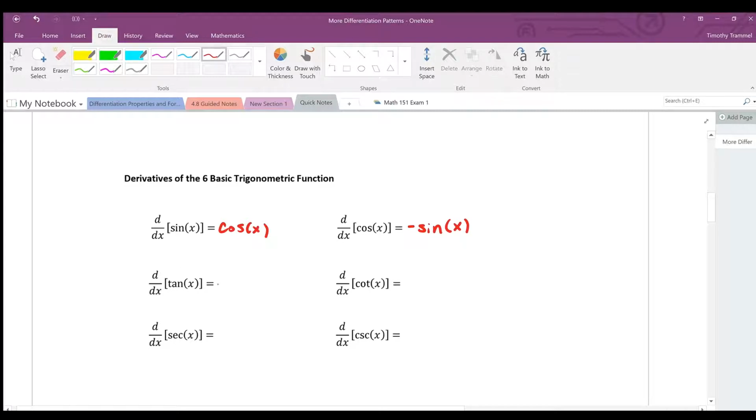It was secant squared. And the derivative of cotangent of x is minus cosecant squared of x. And then our last pair down here, the derivative of secant of x is secant of x tangent of x.